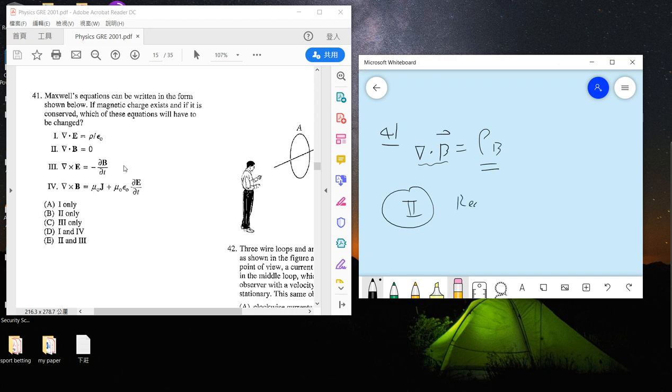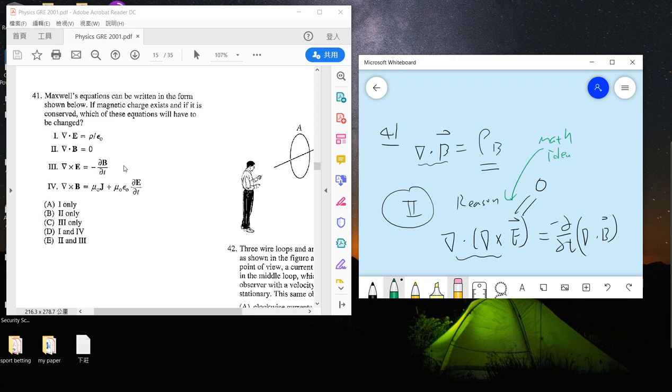The reason is that if you take the divergence of this, then you will get this. Originally this is 0 by mathematics. This is the math identity. You can prove it by yourself, but it's very easy, common sense.